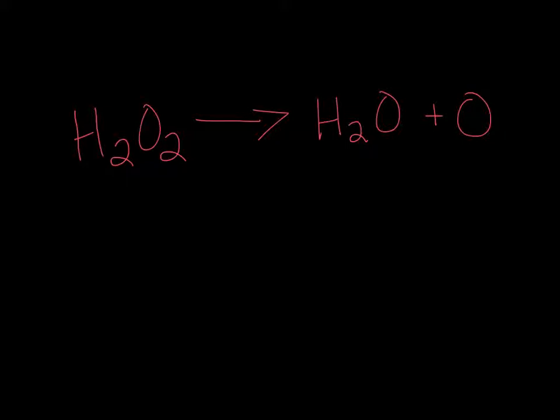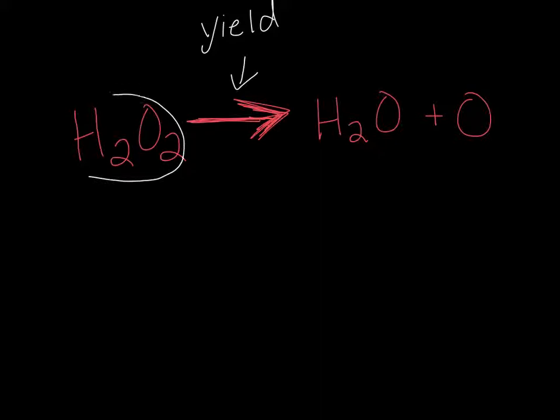Okay? This is the release or absorption of energy. That's what the arrow means. We call the arrow the yield sign. So that means to yield. Now, we're going to use chemical formulas. So this is a chemical formula, this is a chemical formula.